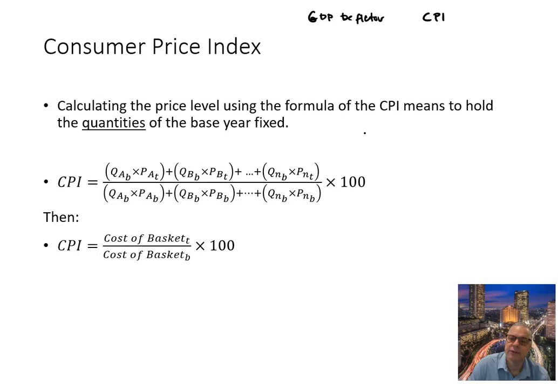So when it came to the GDP deflator, we had quantity and price, and let's make it a little bit nicer. And we said for the GDP deflator, the quantity could vary, but the price was held constant in a base year.